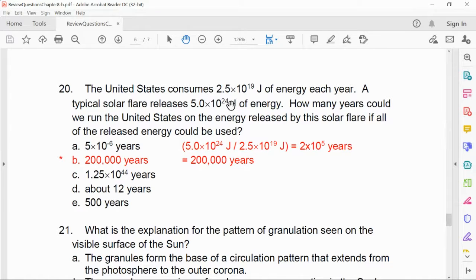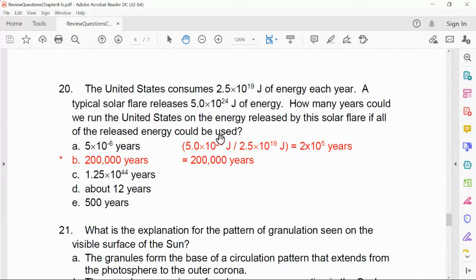So you have about 5 times 10 to the 24 joules released by one flare. And if you divide by the energy needed for the United States for 1 year, so you have 5 times 10 to the 24 divided by 2.5 times 10 to the 19 joules, it will give you about 2 times 10 to the 5, because 5 divided by 2.5 gives you 2, 24, and you have 19 below.